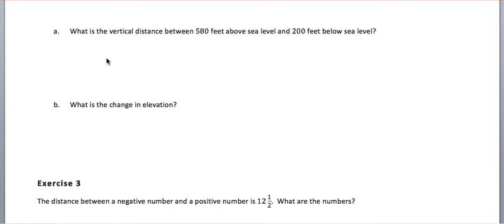And then we're asked what is the vertical distance between 580 feet above sea level and 200 feet below sea level. So we would use the distance formula. 580 minus negative 200.